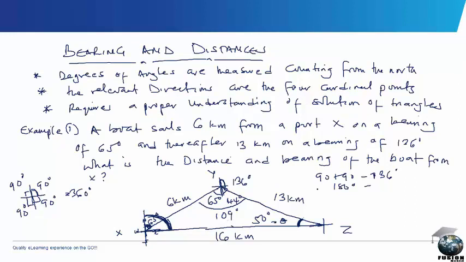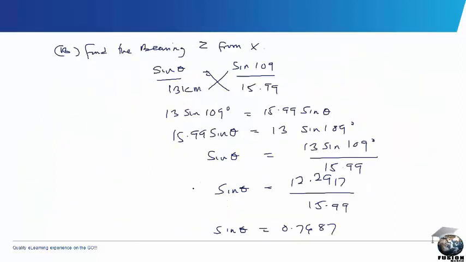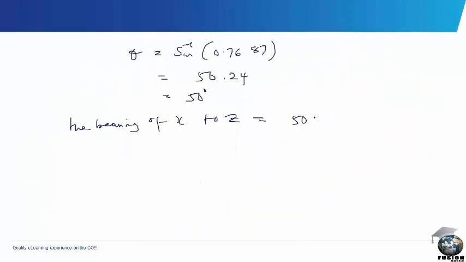There is a little omission here. At this point we had 50, and so the bearing becomes 50 plus 65. So the bearing from x to z is 50 plus 65 degrees, which is equal to 115 degrees.